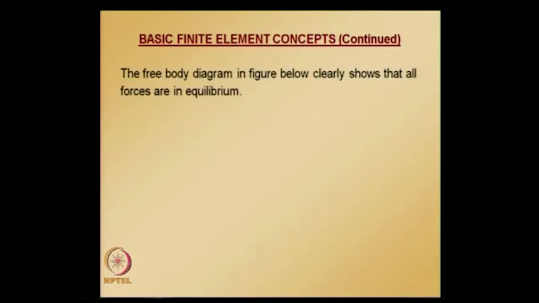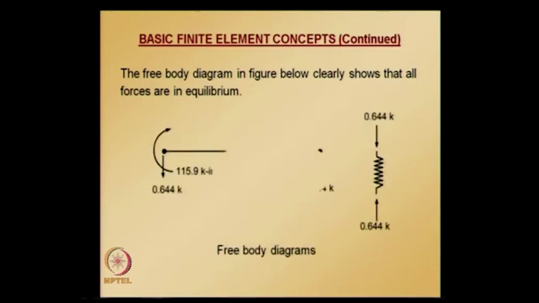So the free body diagram indicating all the forces is shown here, and you can easily check that each element, that is the beam element and the spring element, is itself in equilibrium.